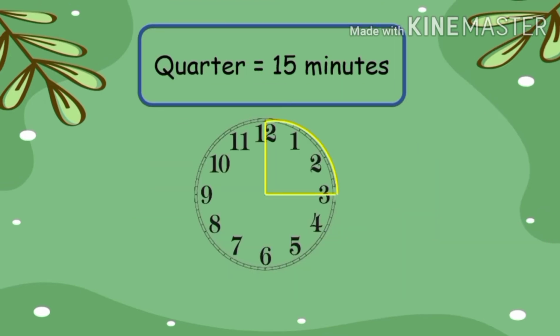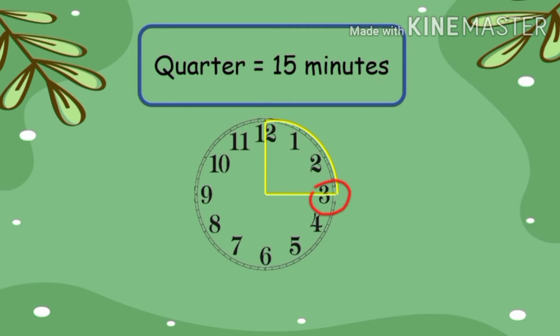Now, we are going to learn a new word. The new word is called quarter. Quarter. A quarter also means 15 minutes. Suku ni bermaksud 15 minit untuk jam. Starting from here on to the big number 3.